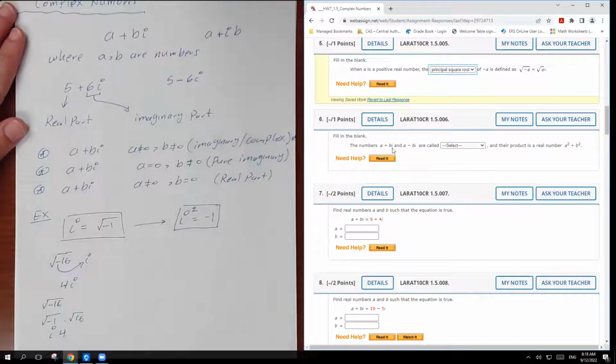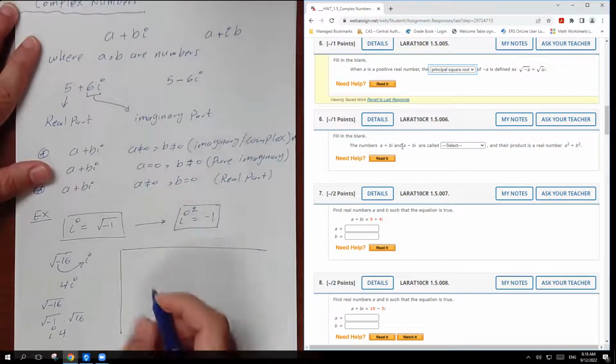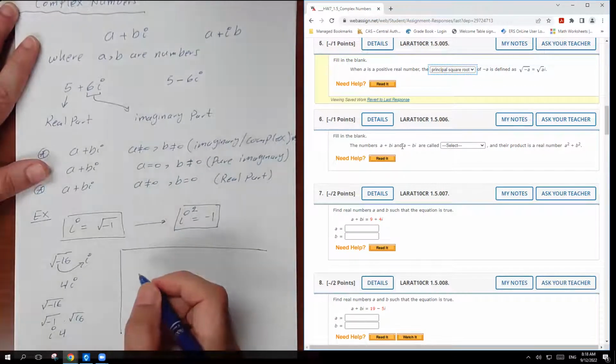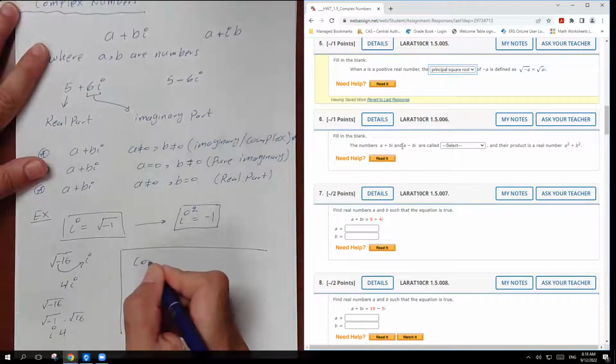The numbers a plus bi and a minus bi are called, this is really important, you see the same number but different sign, this one is called complex conjugate or conjugate pairs.